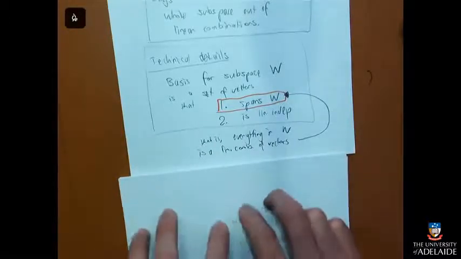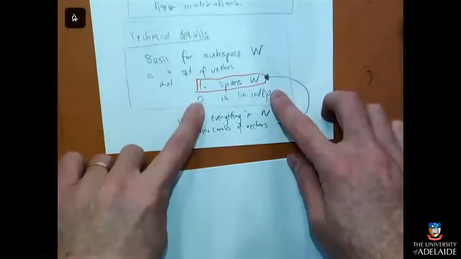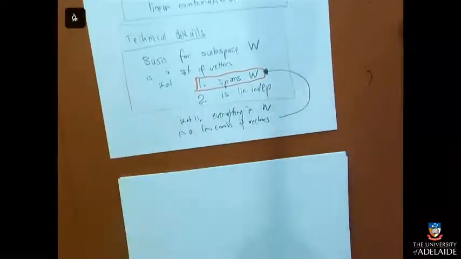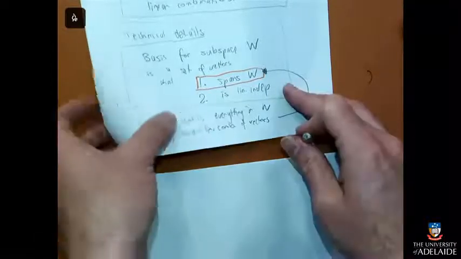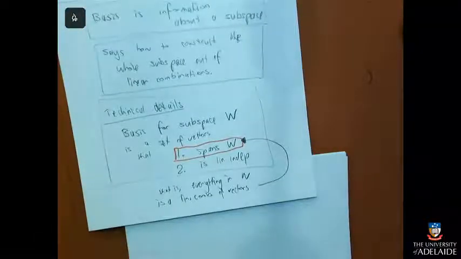The other thing is that this linearly independent bit is a guarantee that your list of vectors is as small as it can possibly be. I don't want any extra ones that I don't need anyway. So it's not just out of linear combinations, it's out of linear combinations in the most efficient way.